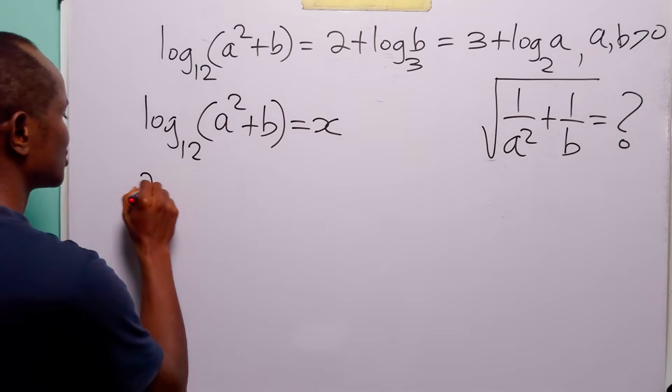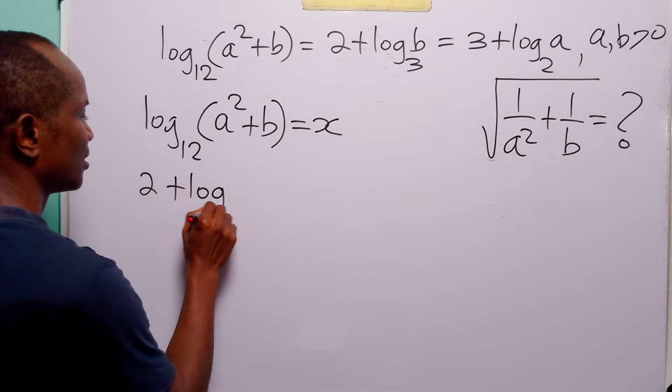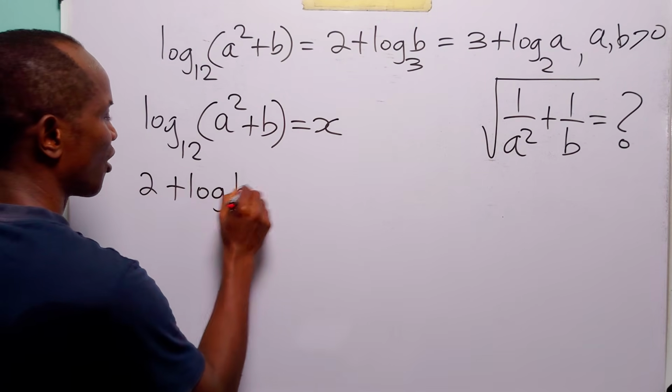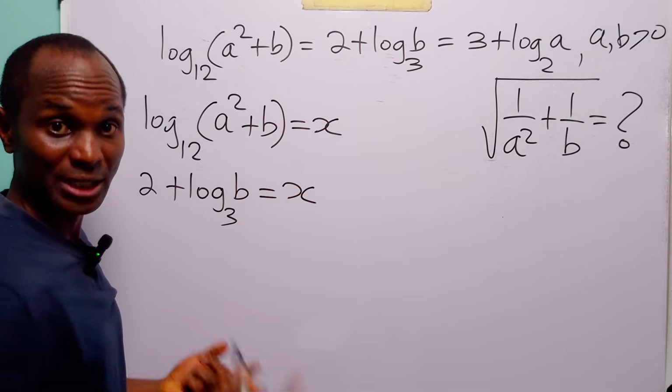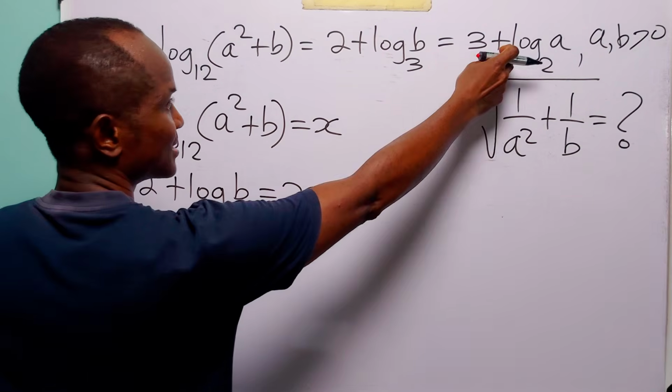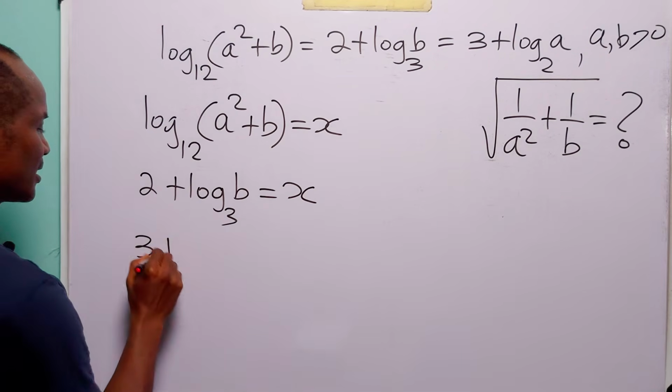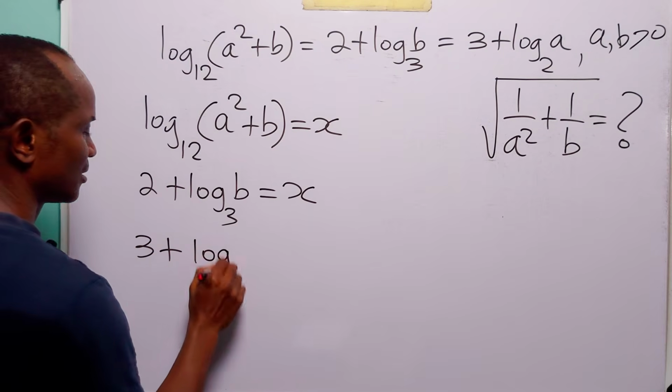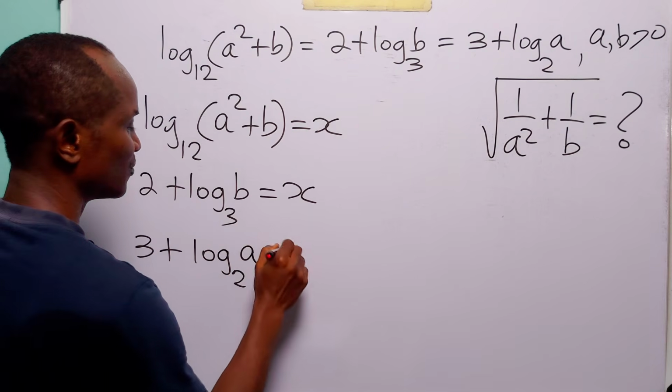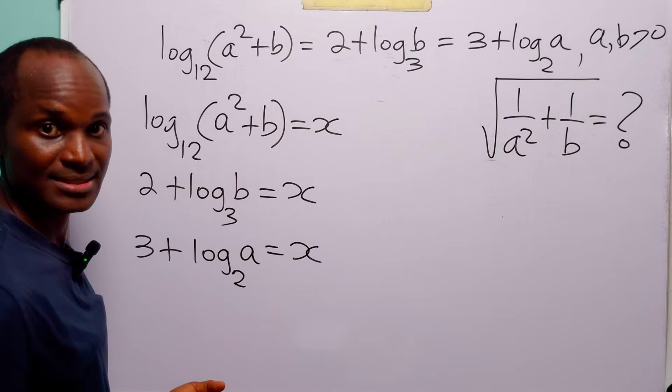Then 2 plus log to base 3 of b will also be equal to x. And lastly, 3 plus log to base 2 of a will be equal to x.